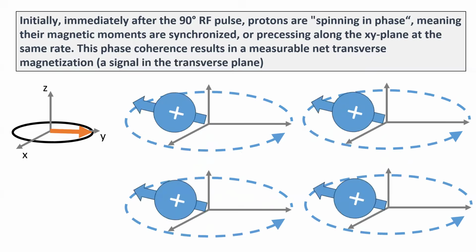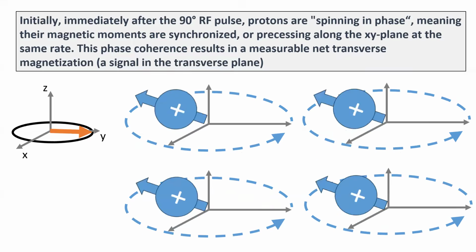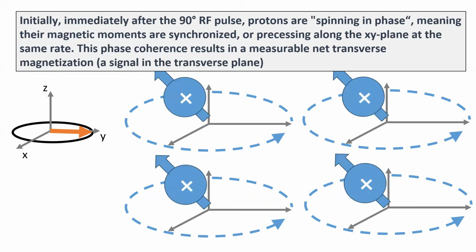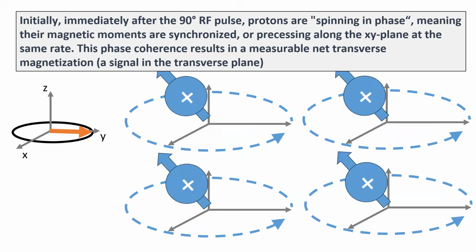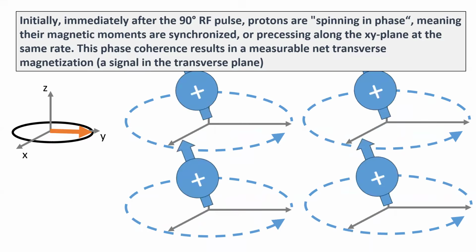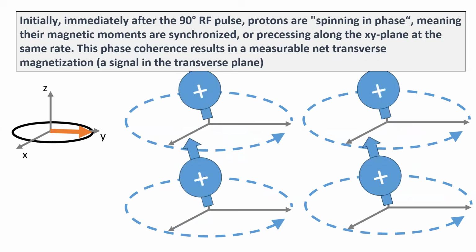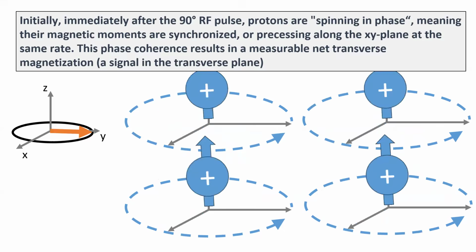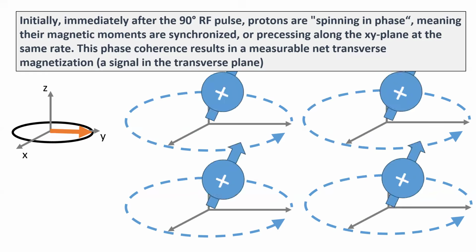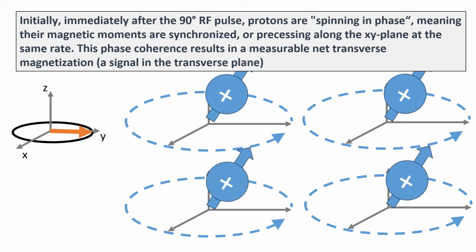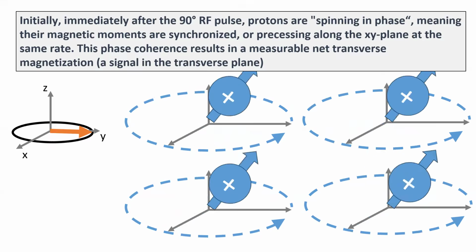And now we have a movement of magnetic structures in a plane perpendicular to the external magnetic field, and this is a magnetic signal that we can detect. It's a moving magnetic signal, so it will induce an electric current in the radiofrequency coil, which can also be used as a detector, as said.